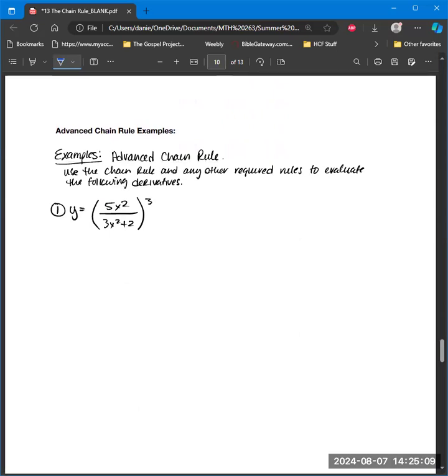Let's look at an advanced example here. We're going to take the derivative of the outermost function, leaving the inner function alone, times the derivative of the inner function, which is going to require the quotient rule.